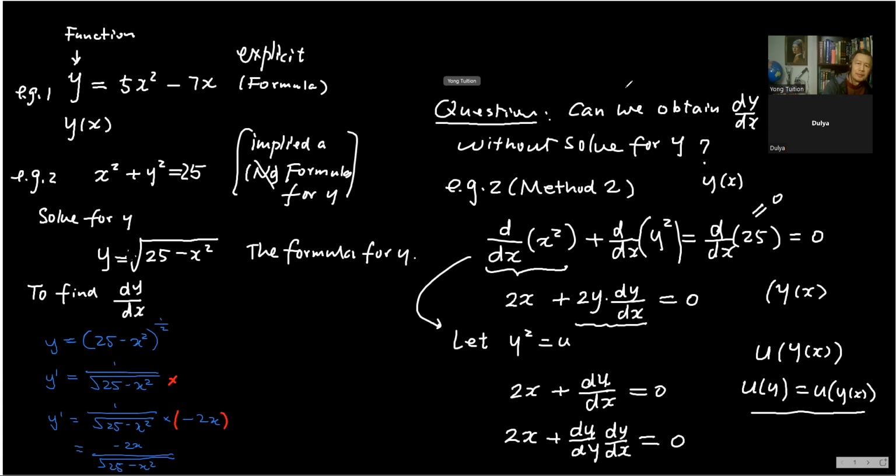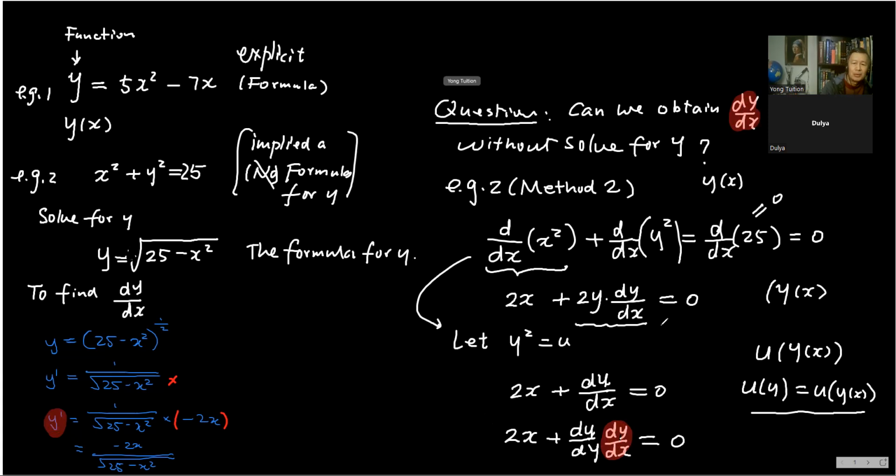2x plus du/dx equals 0. Let me highlight what we are looking for. We are looking for this term. Can you see? We got this one by solving, but this time we didn't solve. So from either equation, or from the last equation, we just follow this order.